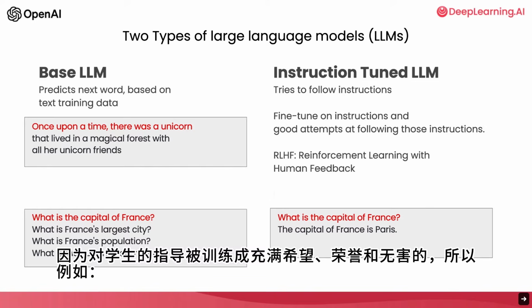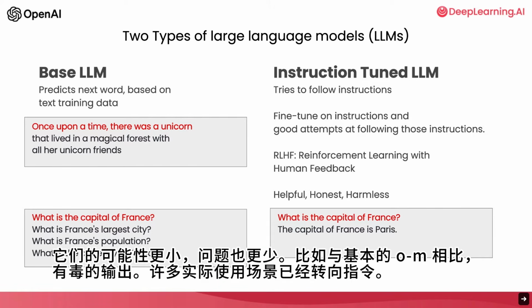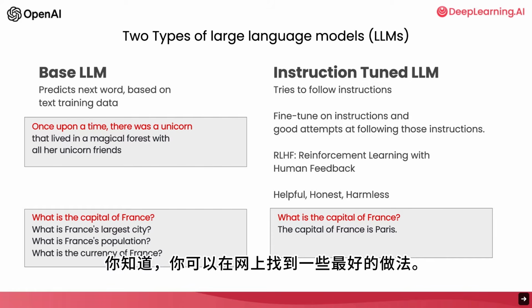Because instruction-tuned LLMs have been trained to be helpful, honest, and harmless, they're less likely to output problematic text, such as toxic outputs, compared to base LLMs. A lot of the practical usage scenarios have been shifting toward instruction-tuned LLMs.